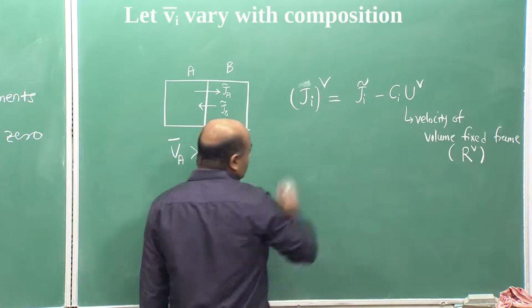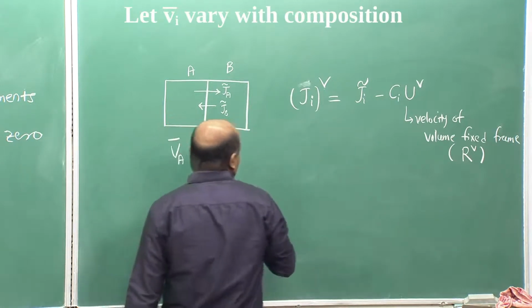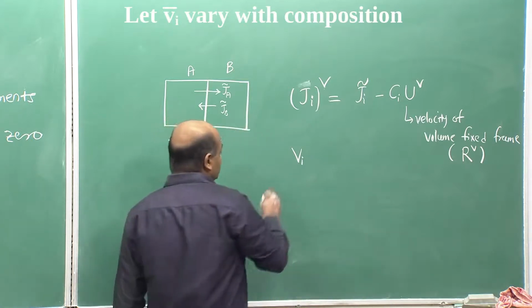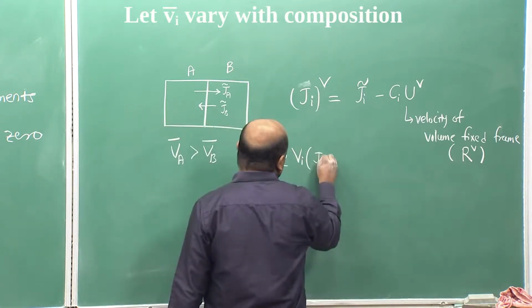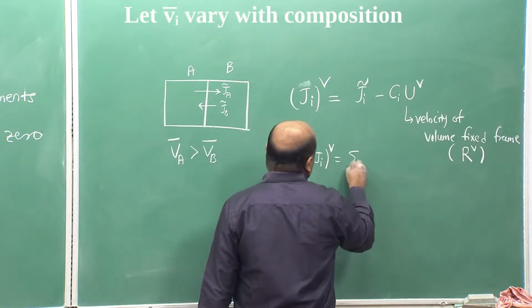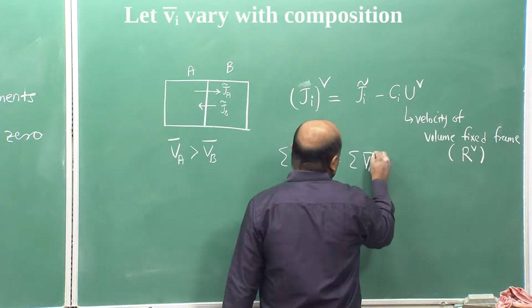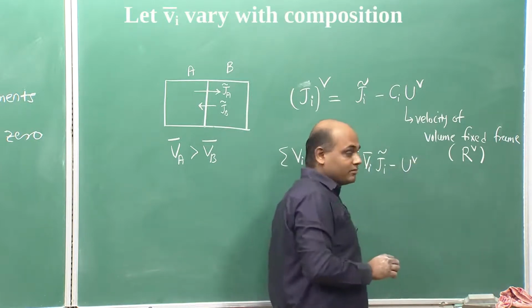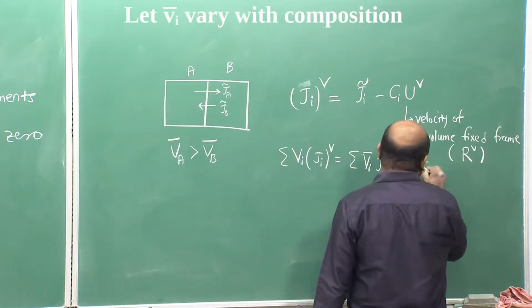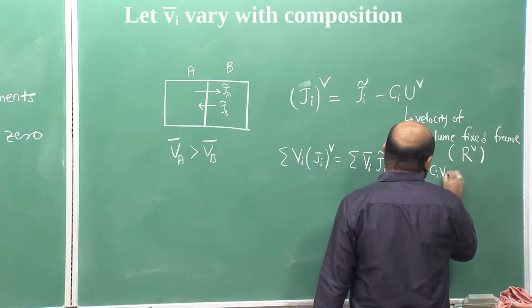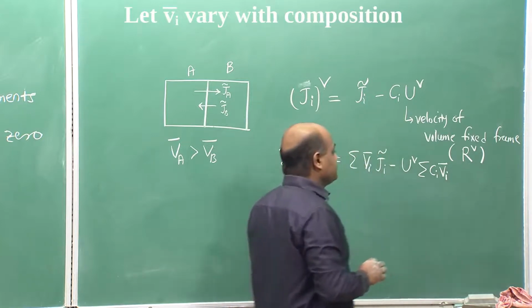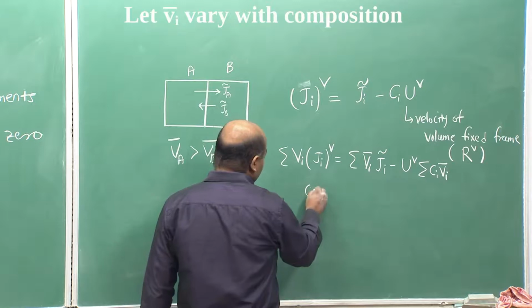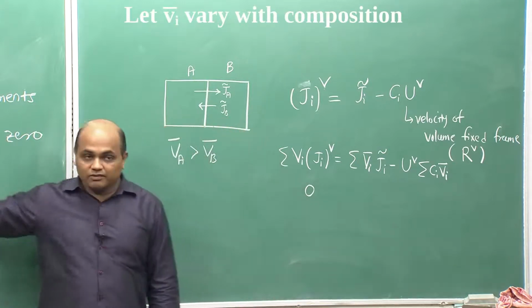So, if we multiply both sides by molar volume and then take the summation over all components, we get sum of V_i bar J_i^V equal to sum of V_i bar J_i tilde minus u^V, which will be the same for all components, times sum of C_i V_i bar, and we know the left hand side is 0 because of the constraint put by the volume fixed frame.